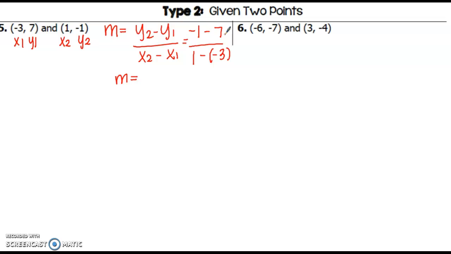So -1 minus 7, that's going to be a -8. 1 minus a -3, that becomes a positive, so that is 4. -8 divided by 4, that is actually going to reduce or simplify to a -2. So now I have a slope, and that is -2.